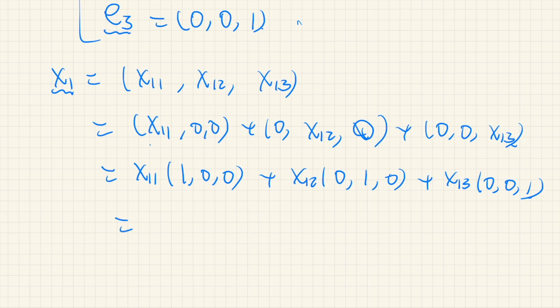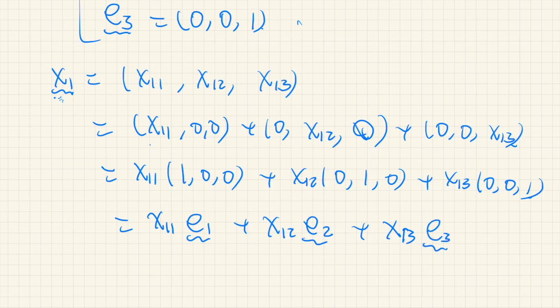So this vector x1 can be expressed as a linear combination of e1, e2, and e3, and the coefficients are x11, x12, and x13.